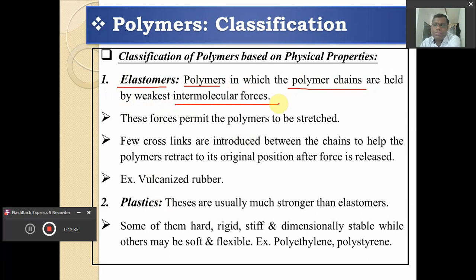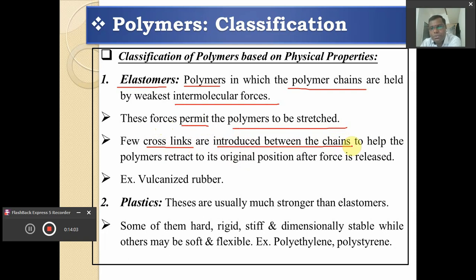So this type of polymer shows weak intermolecular forces of attraction, and these forces permit the polymers to be stretched. Some cross links are introduced between the chains to help the polymers retract to their original position after the force is released.